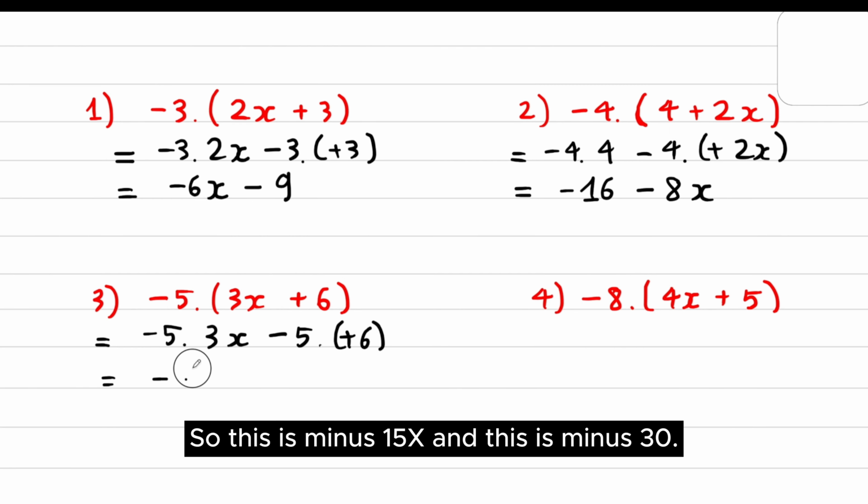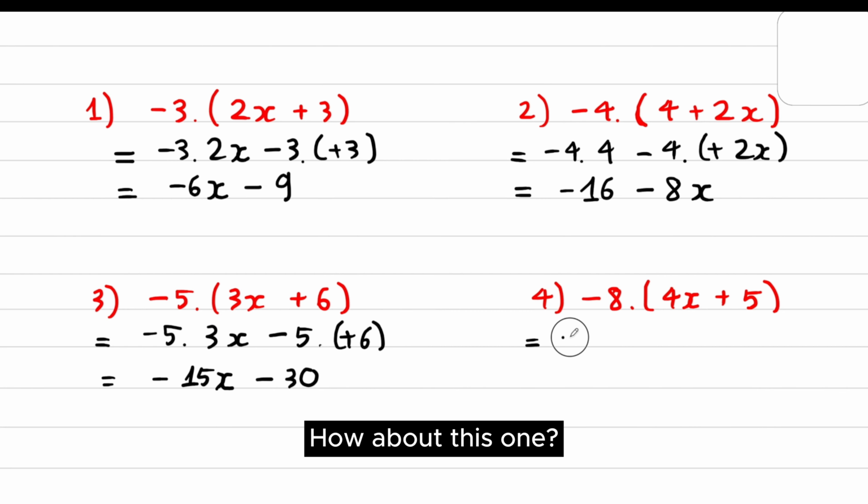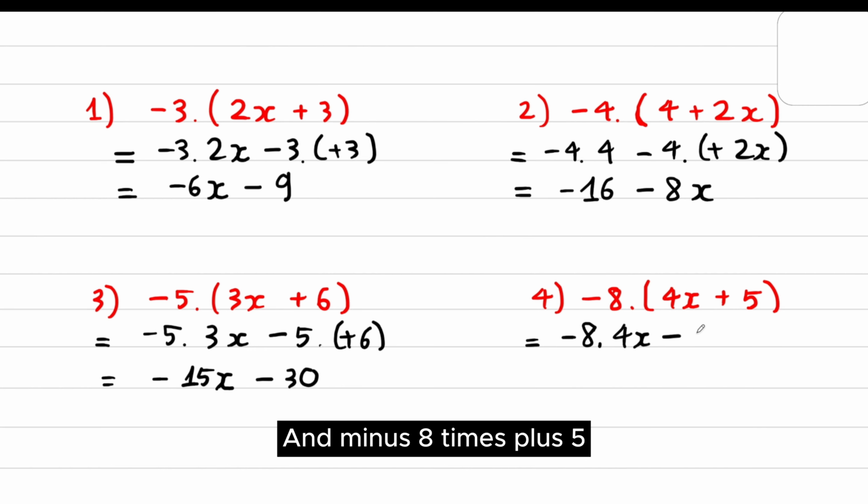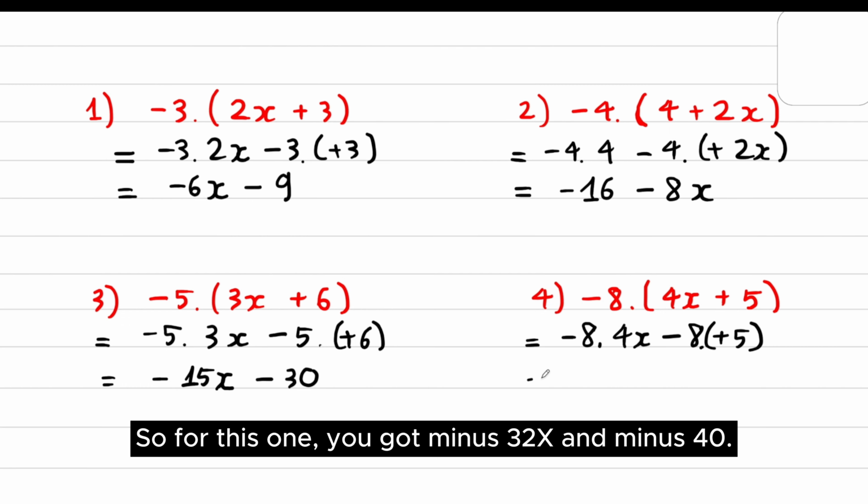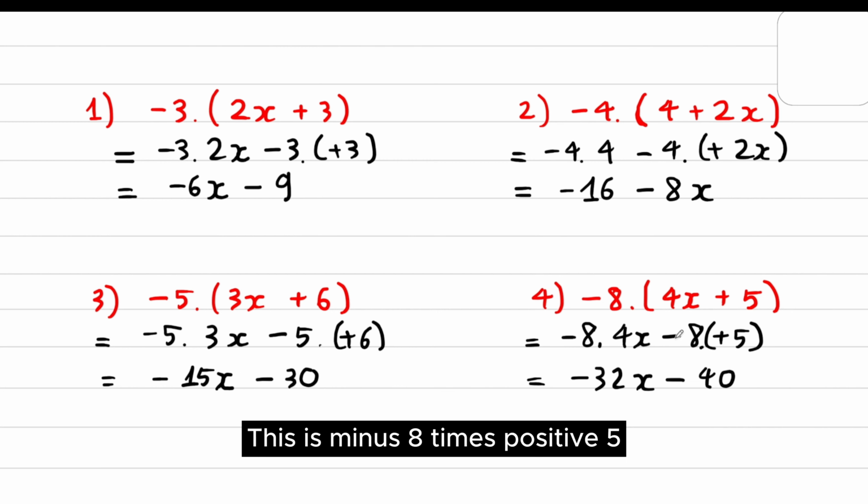So this is -15x and this is -30. Okay, how about this one? -8 times 4x, and -8 times plus 5. For this one, you get -32x minus 40. This is -8 times positive 5, so that's why you get this result.